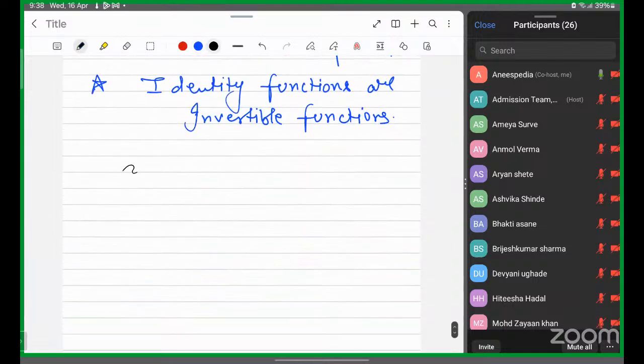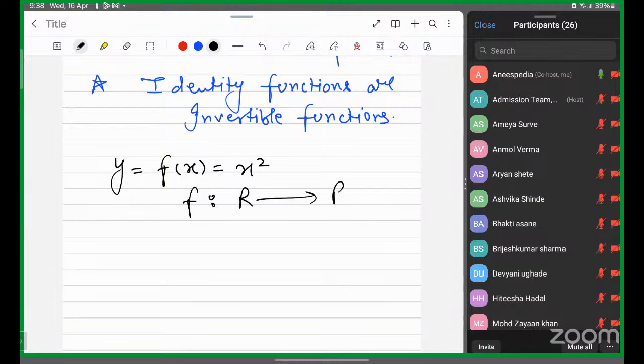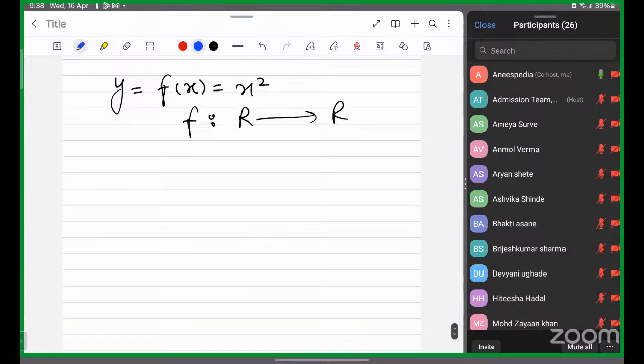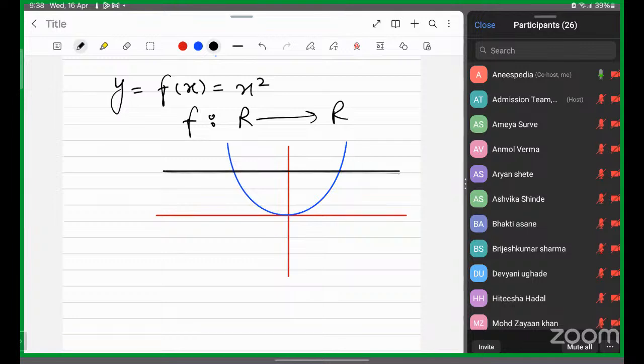Let's say I have y equals f of x equals x square and f is defined from R to R. Check whether the given function is invertible or not. So if you go by the graph, x square looks like this, and you will notice by the horizontal line test that there are two inputs for the same output.